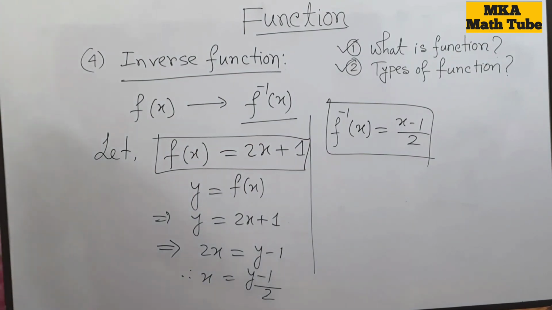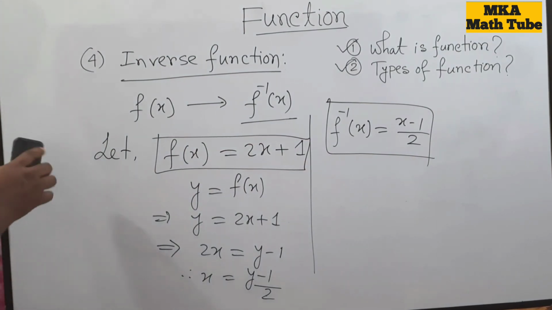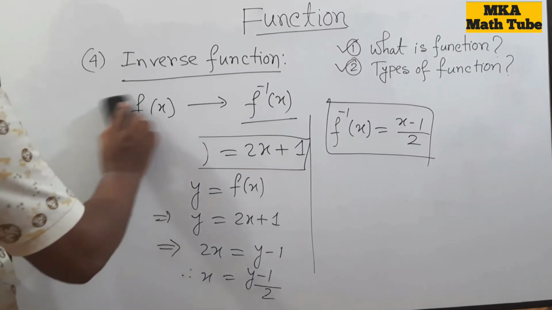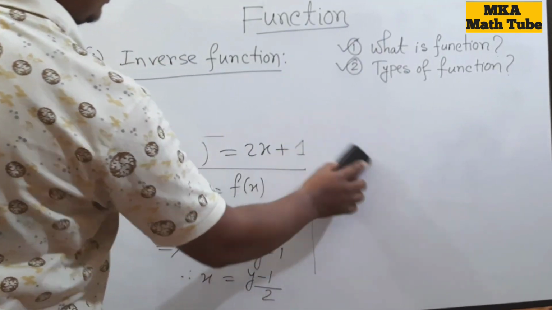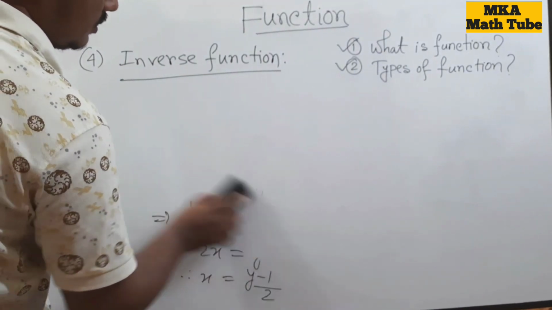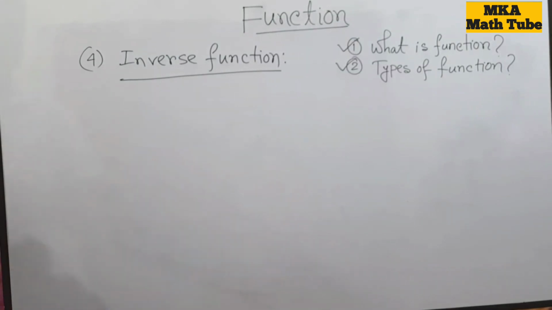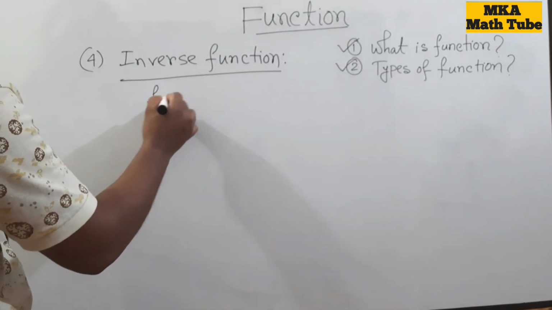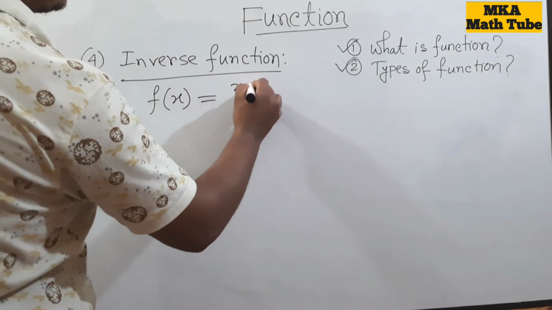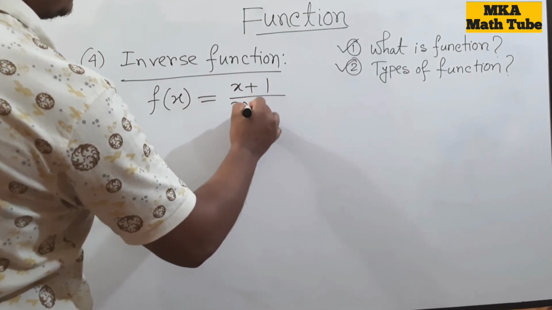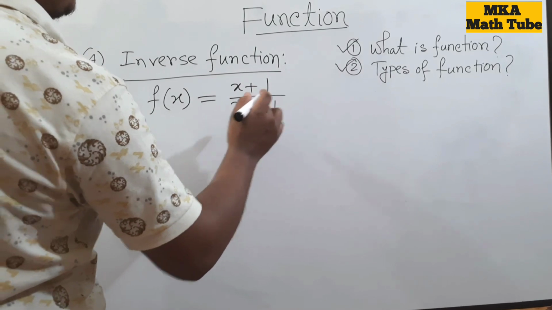Okay, now we can see another example of inverse function, then you can understand better. Now we consider a rational function like f(x) = (x + 1)/(2x + 1).